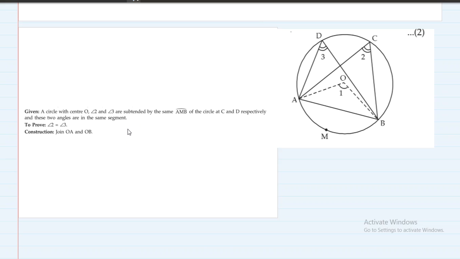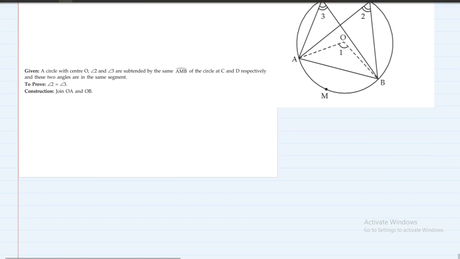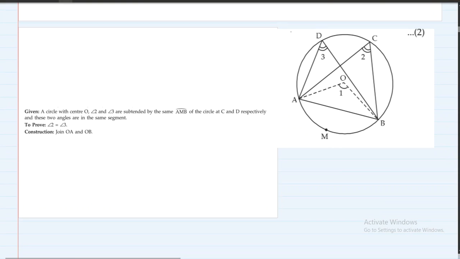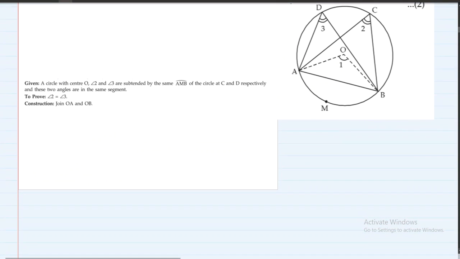For this, we have to do a construction. We have to join points A and B with the center of the circle, that is AO and BO. Now the next thing we have to do is proof.